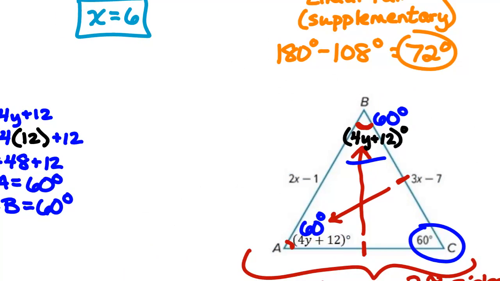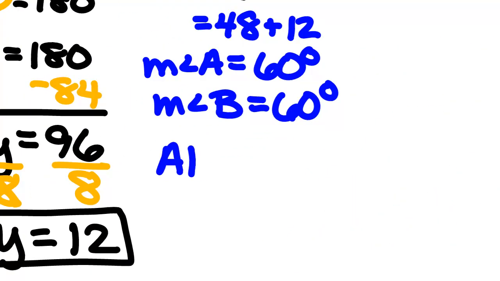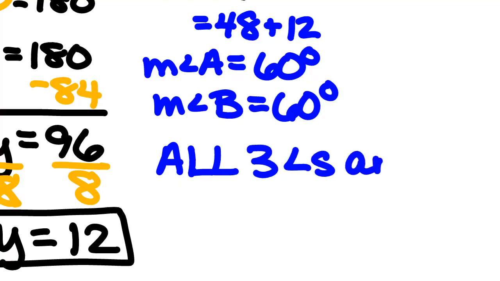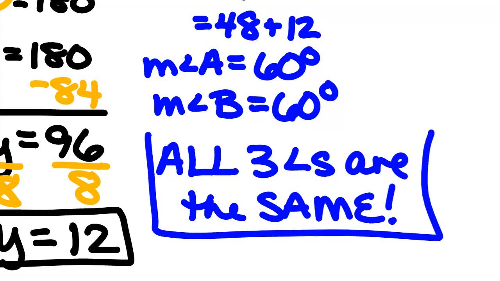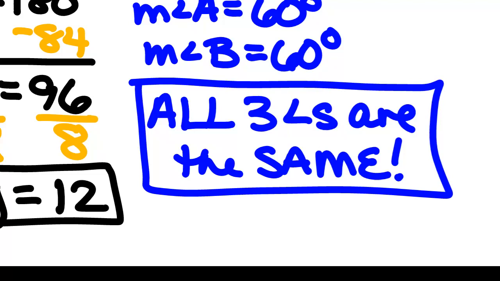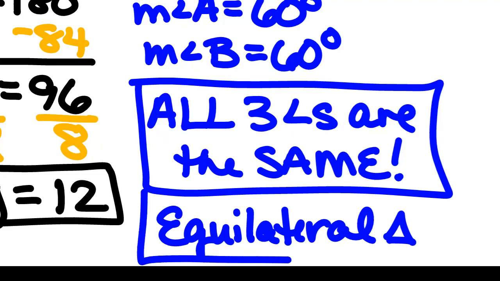When you have all three angles that are the same size, what kind of triangle is it? Equilateral. This is an equilateral triangle, which means all my sides are congruent.